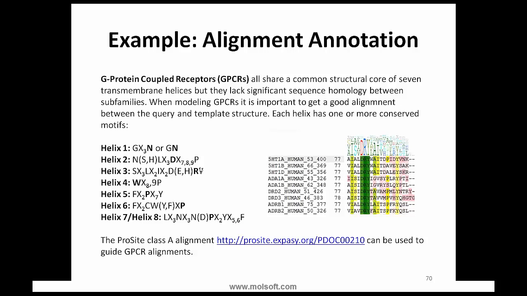For example, there's a DRY motif which is conserved in helix 3. So we'll be annotating our alignment based on these key motifs for the homology modeling example in 2 weeks' time. You can also read the Class A GPCR alignments from ProSite directly into ICM, which helps guide the alignment of your model and template structure.